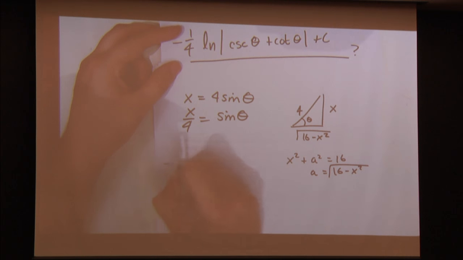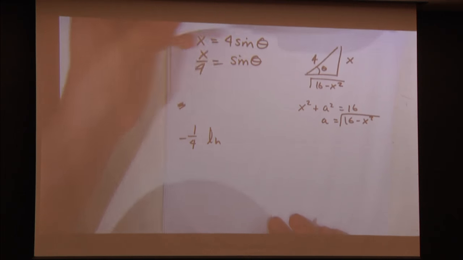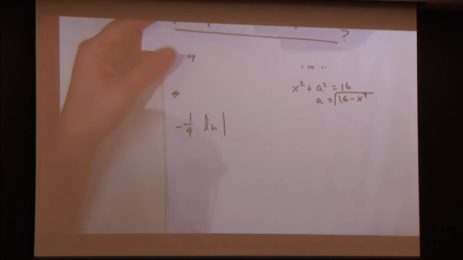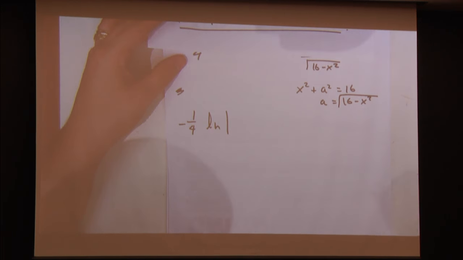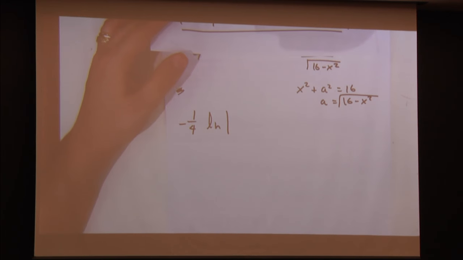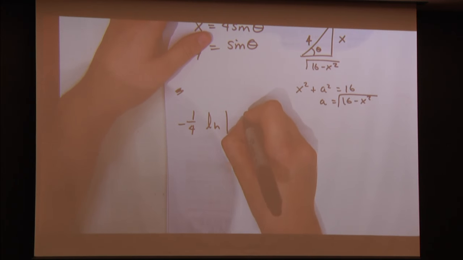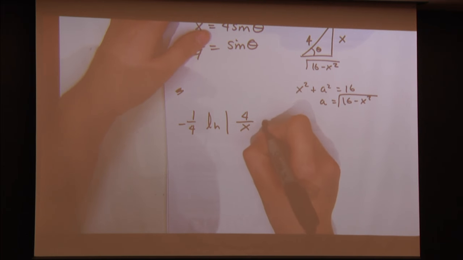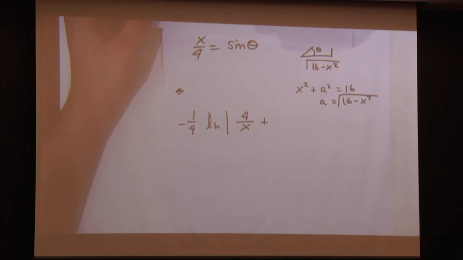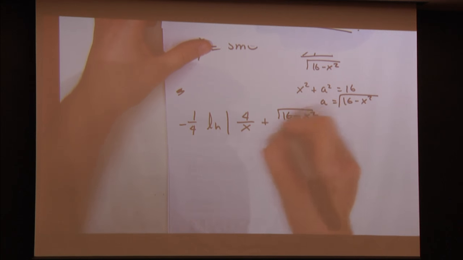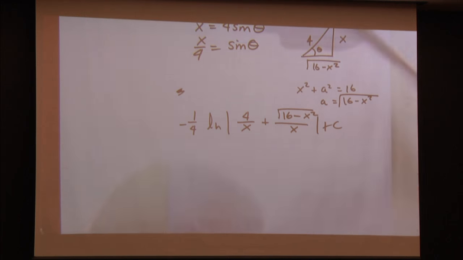So I would have, I'm going to do it down here, ln of cosecant. So cosecant, right, is the inverse of sine. So instead of being opposite over hypotenuse, it's going to be hypotenuse over opposite. So it's going to be 4 over x plus cotangent, which is going to be adjacent over opposite. So that would be the square root of 16 minus x squared over x plus c.